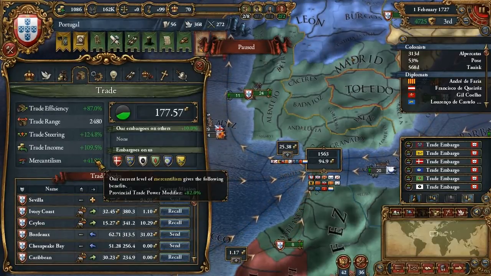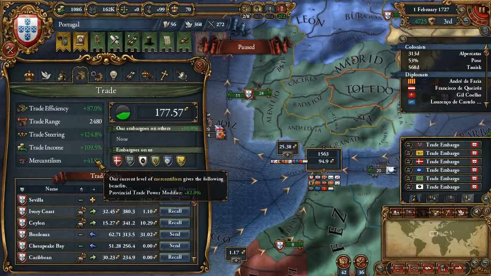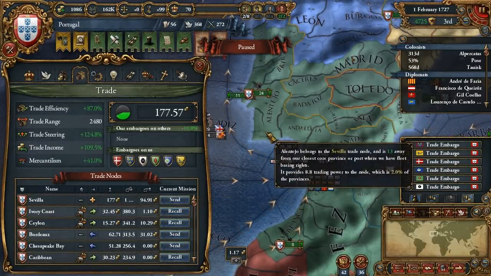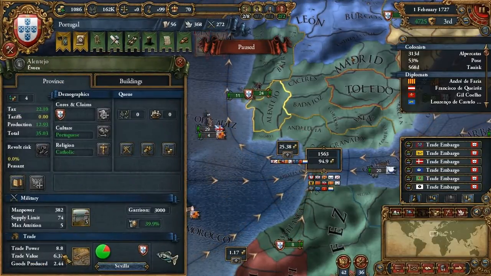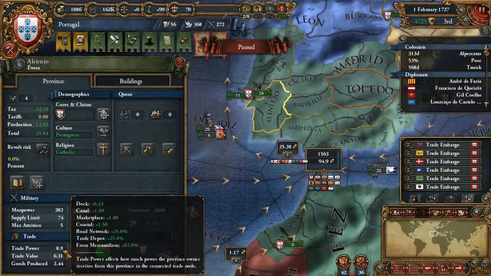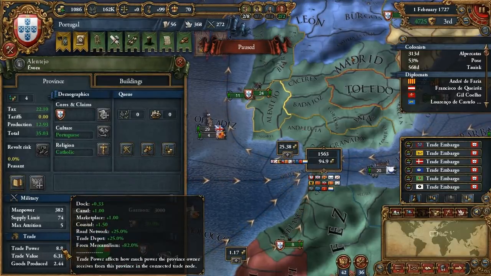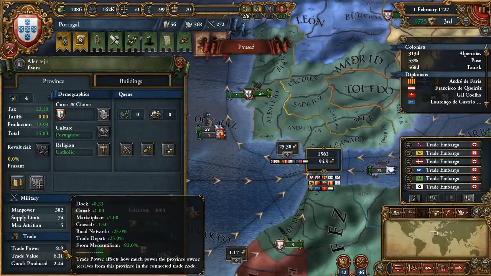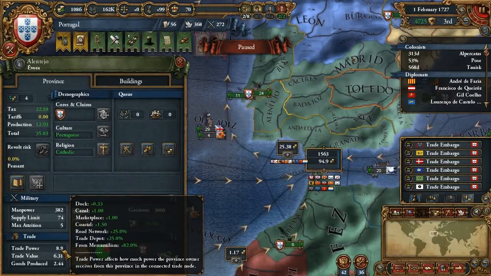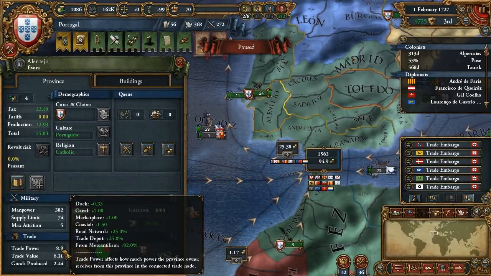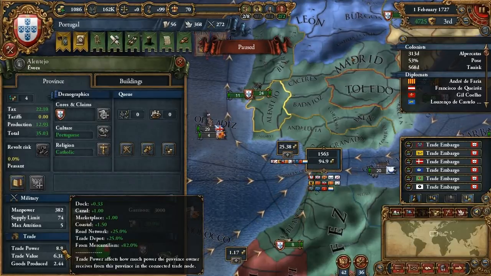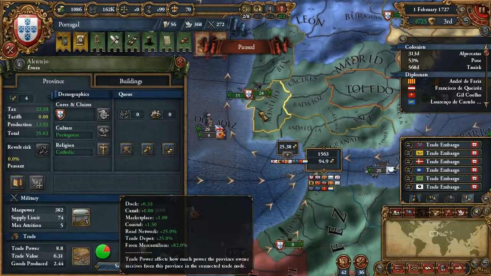And mercantilism is something you gain through events, which allow you to increase your mercantilism or lower it, and through some national decisions. What it does is basically your mercantilism gets doubled and added to your provinces. So as you can see, the last one on the list is from mercantilism, an 82% increase on my trade power.